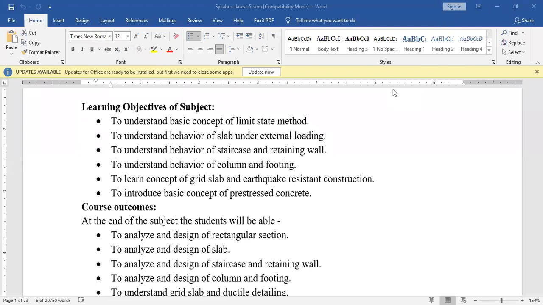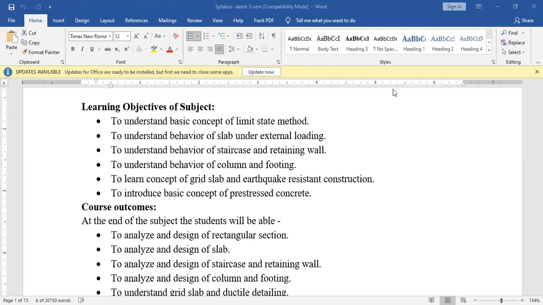Apart from that, for prestressing there is another IS code, IS 1343. So these are the two IS codes we will be going through most of the time, with their different criteria, clauses and specifications.